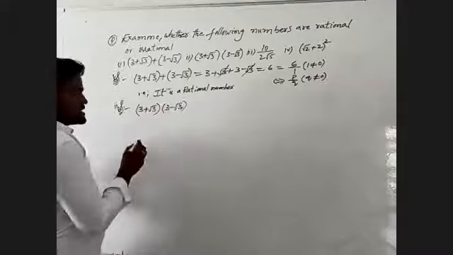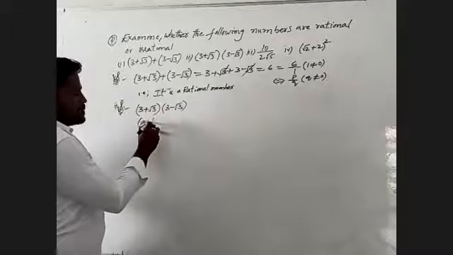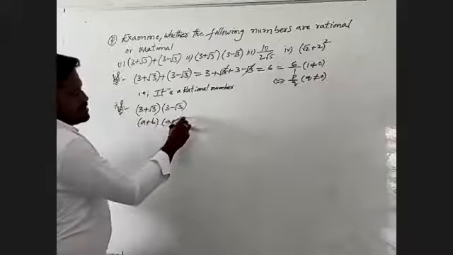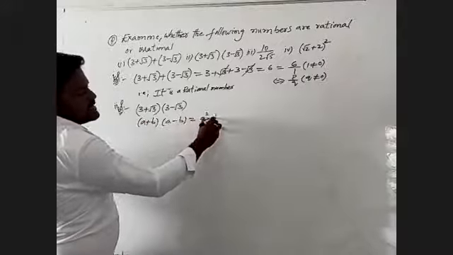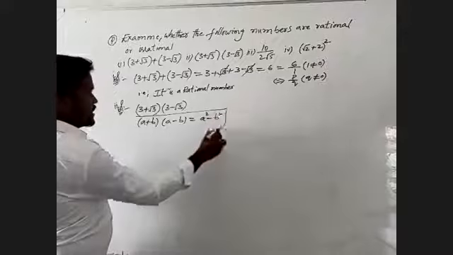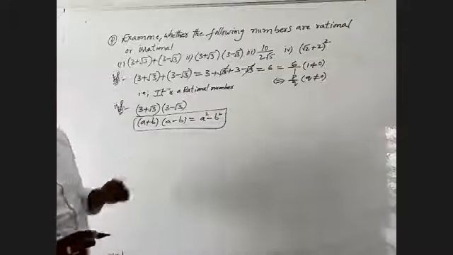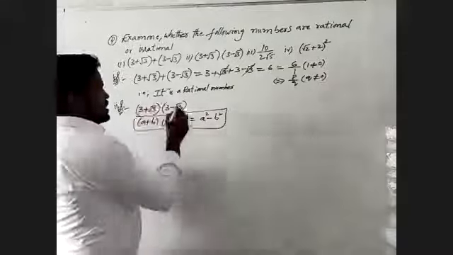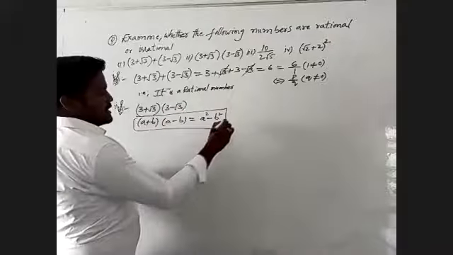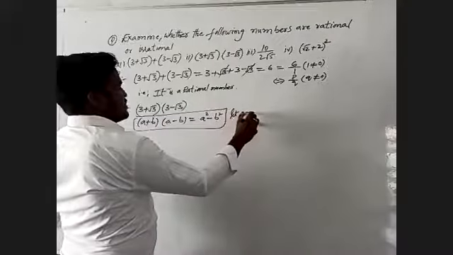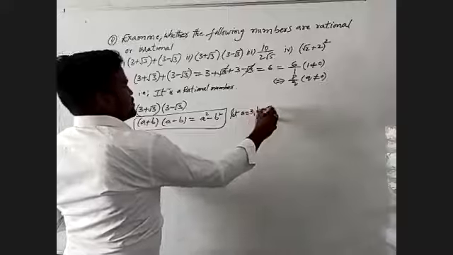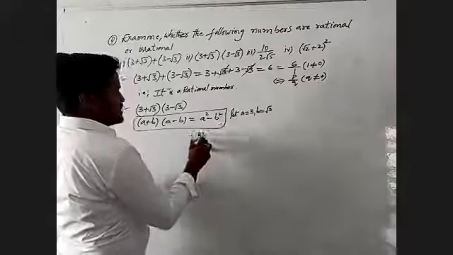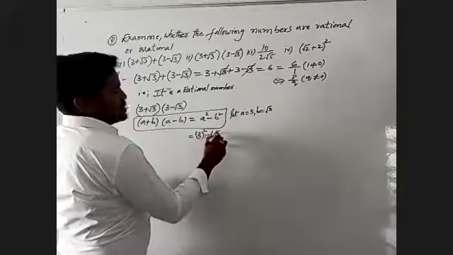You will observe, students, when it is of the form a plus b into a minus b, we know the identity is a square minus b square. Let a is equal to 3, b becomes root 3. That I write as 3 square minus root 3 whole square.